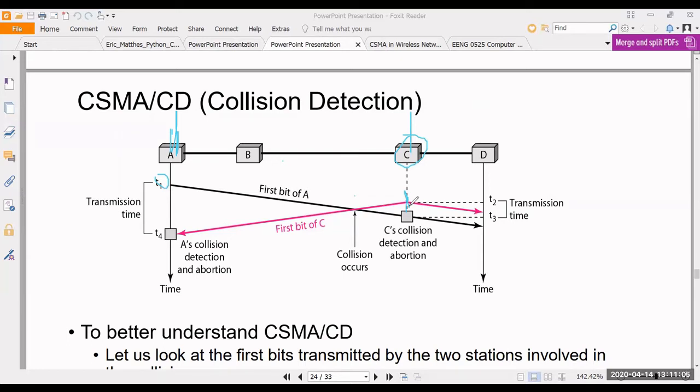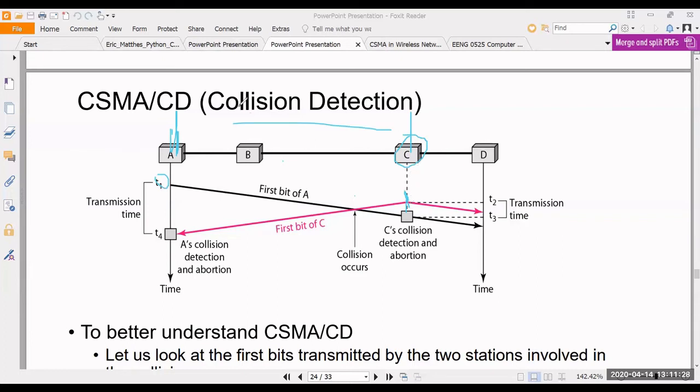Will it be idle, or a busy channel? Idle, yeah, idle to C. So C moves its frame onto the channel at this time where it senses it's free. That is the normal CSMA. So it has sent.